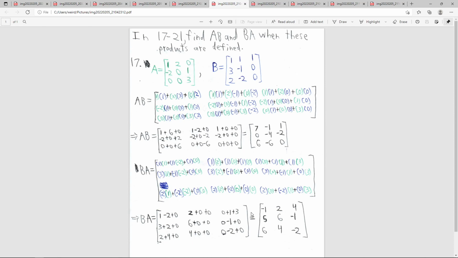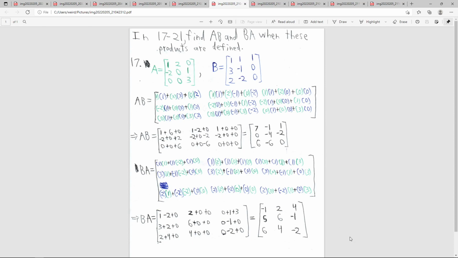Oh, and this is another thing to remember. A times B and B times A will generally speaking not be the same. Of course, if you have the identity, then yeah, it'll be exactly the same. AB can equal BA as well. It doesn't have to be identity, but that's very rare. In general, AB does not equal BA, which is the big thing about matrices.